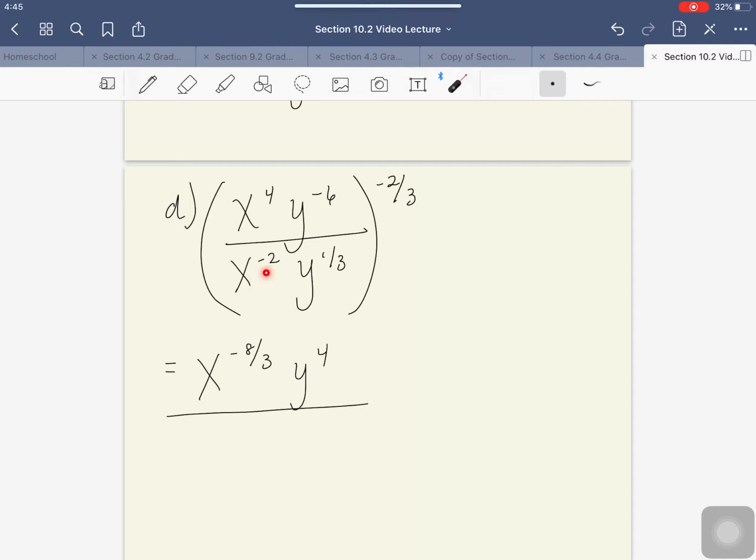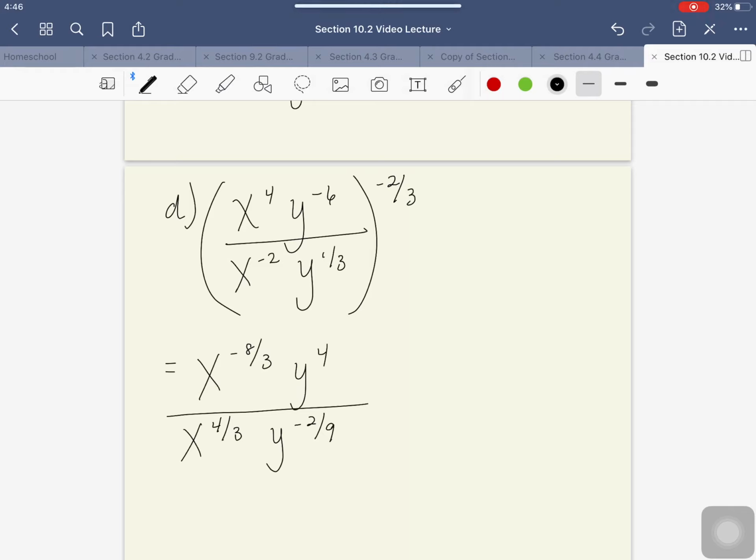All right, now we have x to the -2nd to the -2/3, multiply, that'll be x to the +4/3. And then y to the 1/3 times -2/3 will be y to the -2/9.